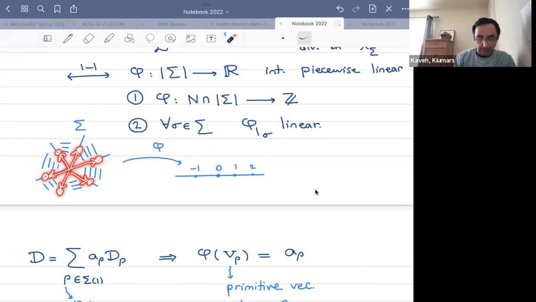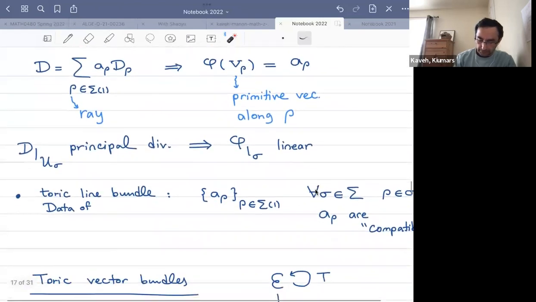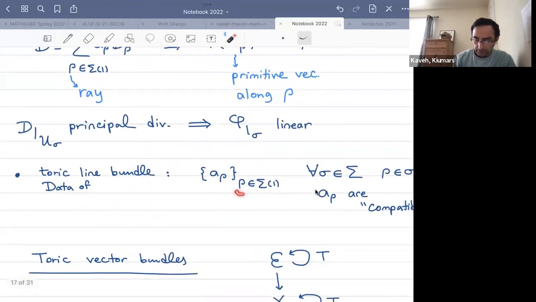So a piecewise linear function assigns a number to each of these vectors on the rays. So for each ray, you have a number. By the way, sigma 1 is my notation for one-dimensional cones, which we call rays. In the fan, you have a finite number of them.